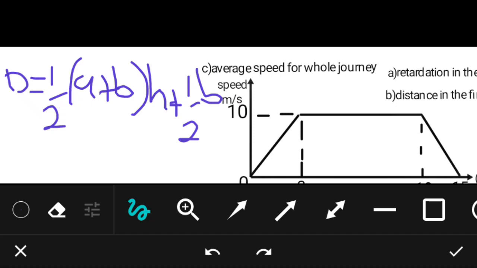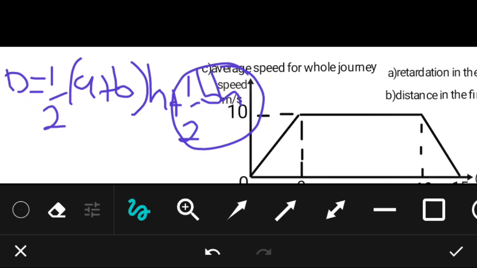Okay. So that is the formula there. So the distance is equal to half area under the graph, which is A plus B, then height, then plus 1/2 BH. Now, notice that in the first 10 seconds, we did not include this part, which is 1 over 2 BH.